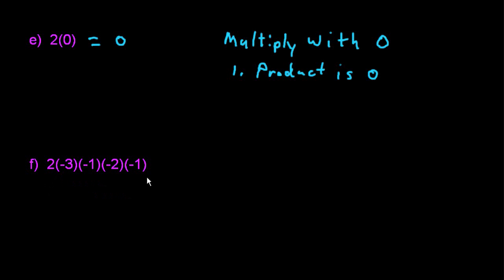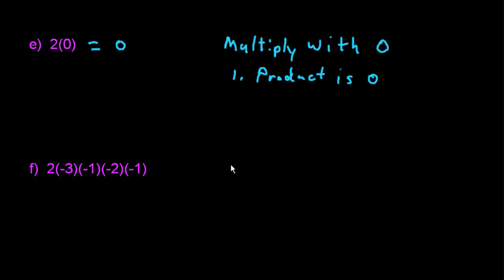Now, the next problem, notice we have a bunch of factors, and we have 4 of them that are negative. Is 4 an odd number or an even number? Well, 4 is an even number. So what happens when you multiply with an even number of negative factors?